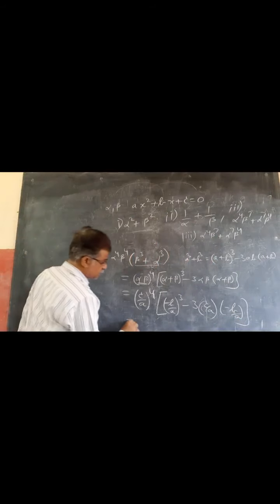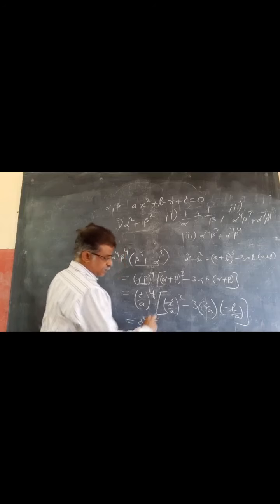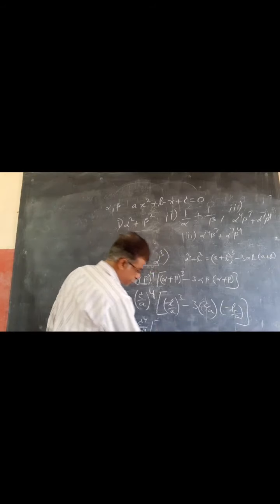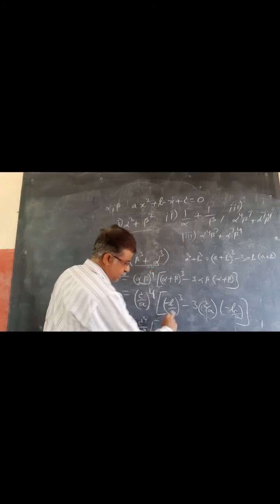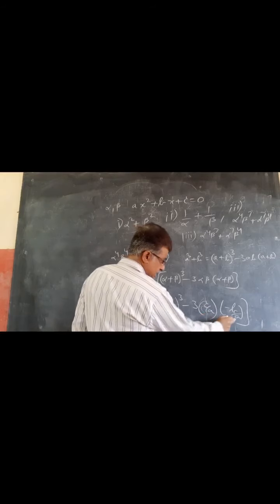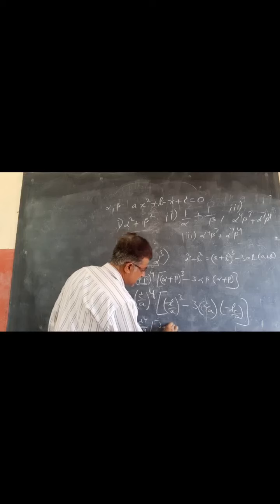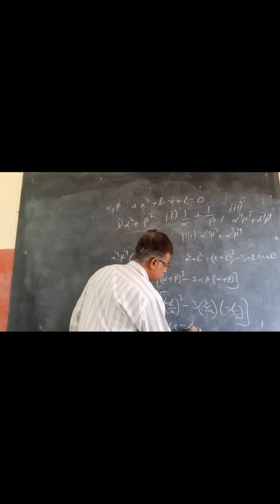If you simplify, this is c power 4 by a power 4 into, the LCM of this is a cube. Now this becomes a square, which means 1 over a, and minus into minus is plus. So I can write 3ab minus b cube.